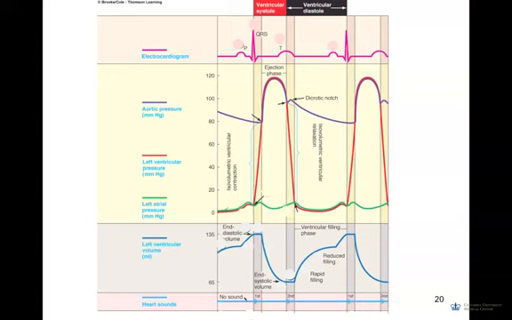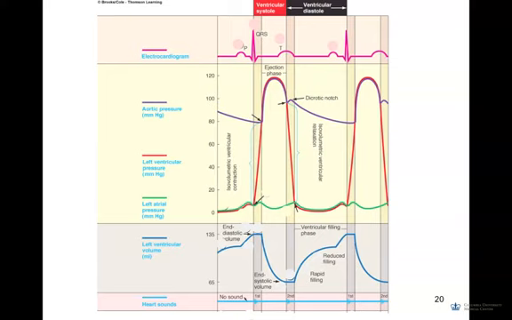One thing to keep in mind is that what we're looking at are all of the events of the cardiac cycle as experienced by the left side of the heart, because we're only looking at the left ventricular pressure, left atrial pressure, left ventricular volume, and the aortic pressure. So this is all from the perspective of the left side of the heart. But keep in mind that all of this is happening on the right side of the heart too.